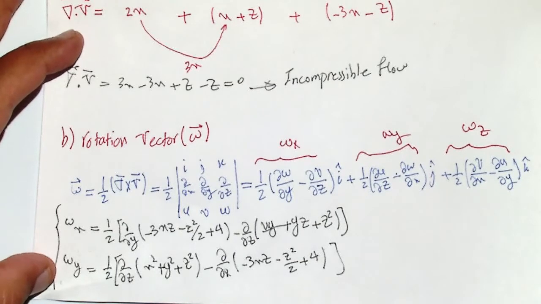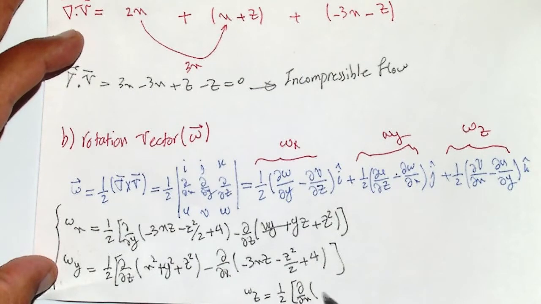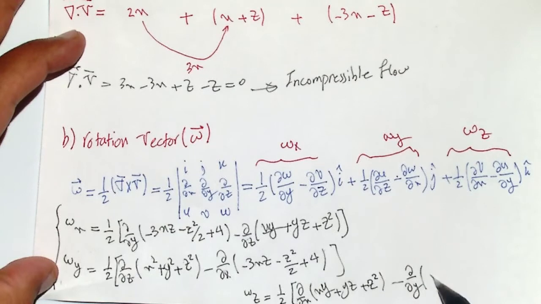And omega z is going to be 1/2 of the partial derivative of x for v, which is xy plus yz plus z squared, minus the partial derivative versus y for u.